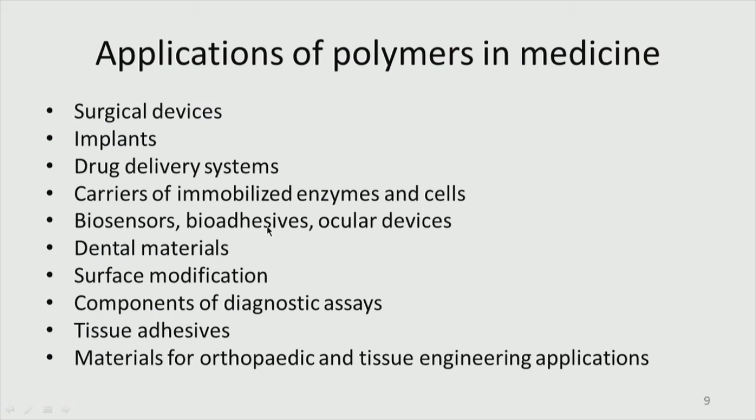Okay. Nowadays, there is a lot of interest in whether we can join surfaces of the skin after an operation rather than having a suture. Ocular devices like your eye implant, ocular implant, contact lenses, dental materials, polymethyl methacrylate, acrylic acid, dental cements.